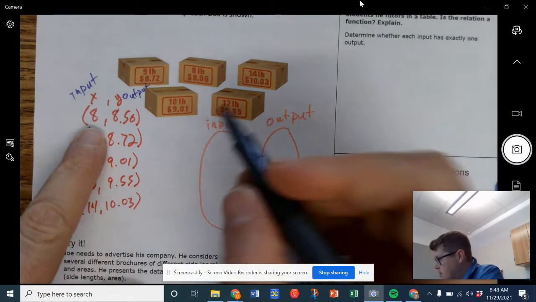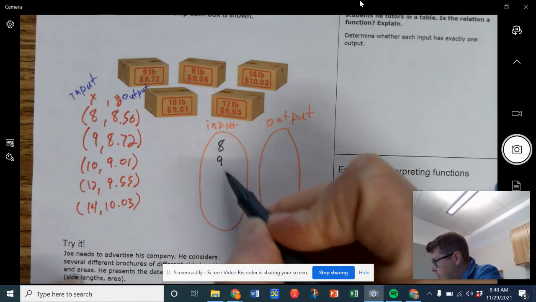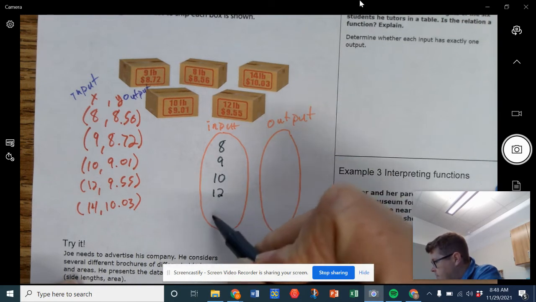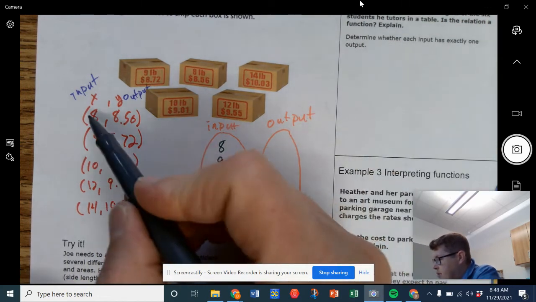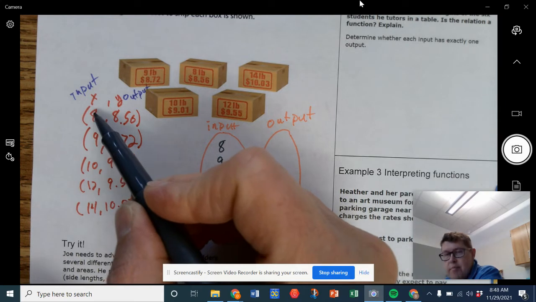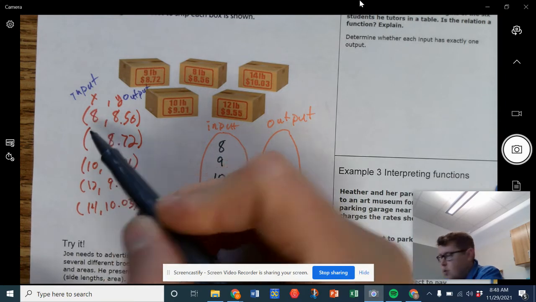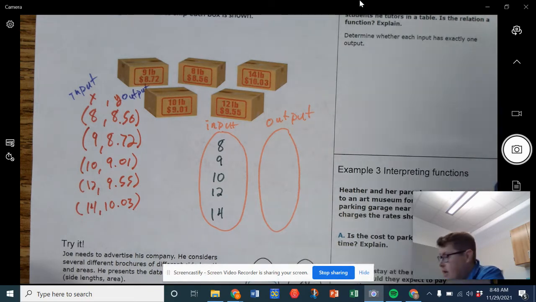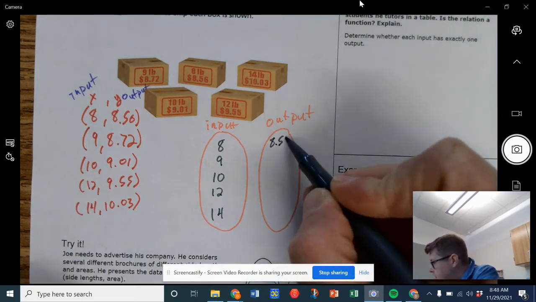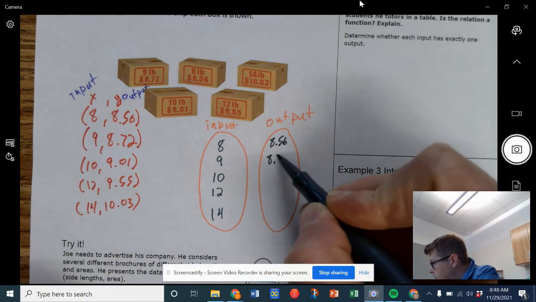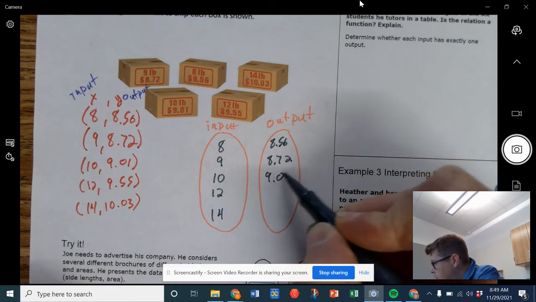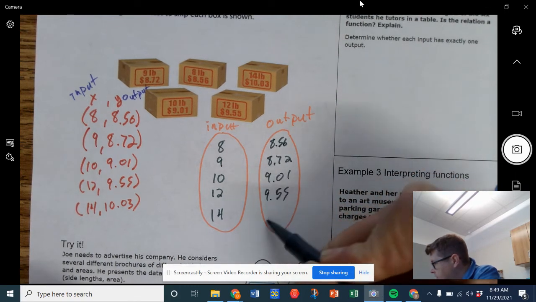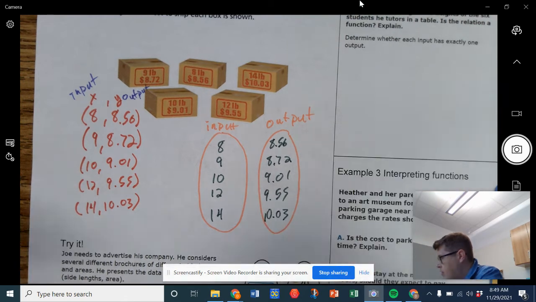Now, I'll just put all our inputs in here: 8, 9, 10, 12, 14. And if you had multiple of the same input, like you had 2 8s, you would only put 1 8 in your arrow diagram, your mapping diagram. Okay. And then we're going to put our prices in our outputs. So 856, 872, 901, 955, and then 1003.